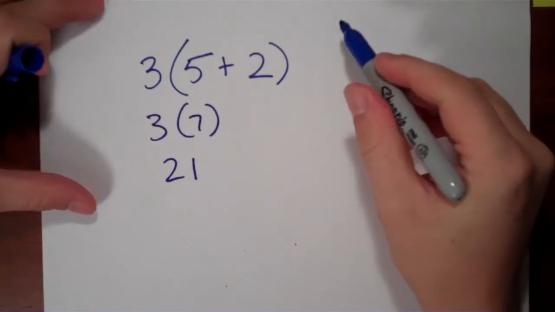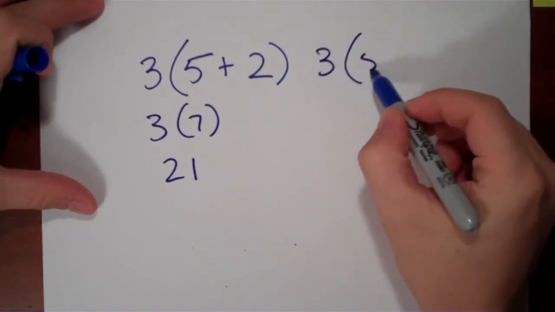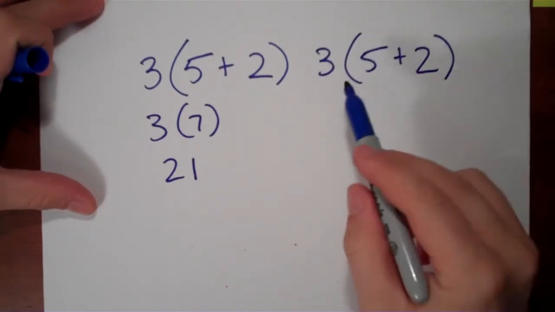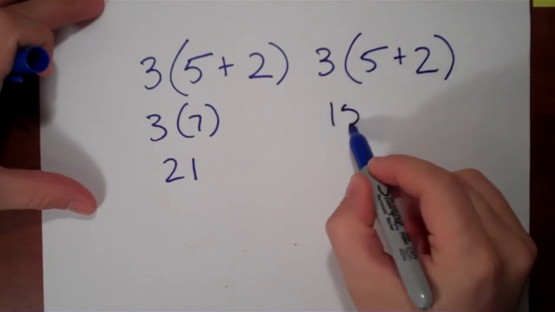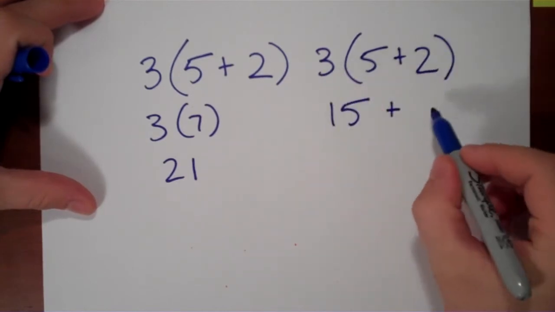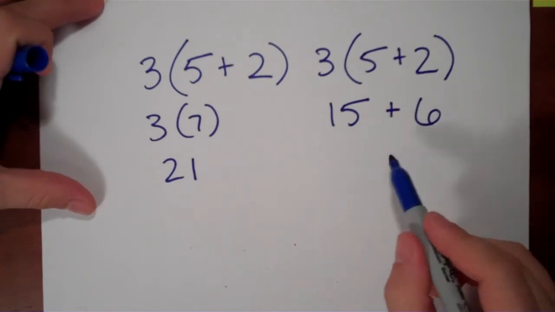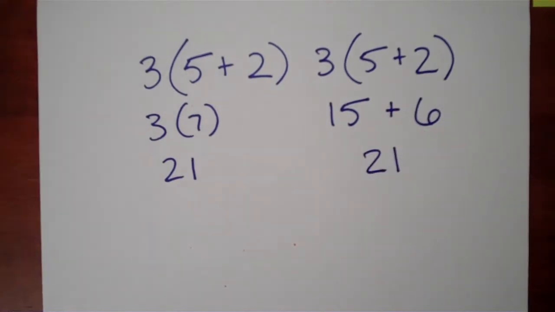Alternatively, we could do it like this: 3 times 5 plus 3 times 2. 3 times 5 equals 15, plus 3 times 2 equals 6. 15 plus 6 also gives us 21. So no matter which way we did it, we got the same answer. We know that it's the same technique.